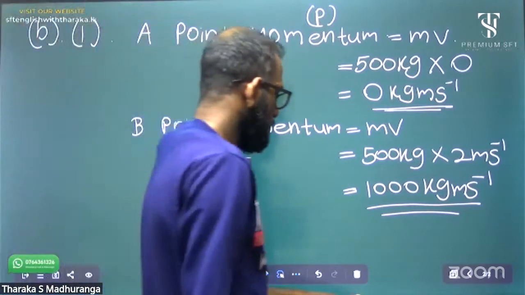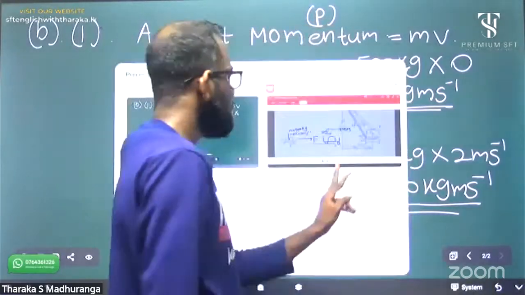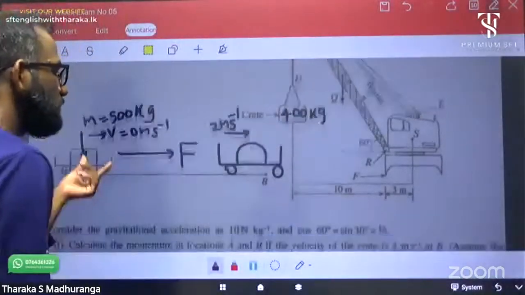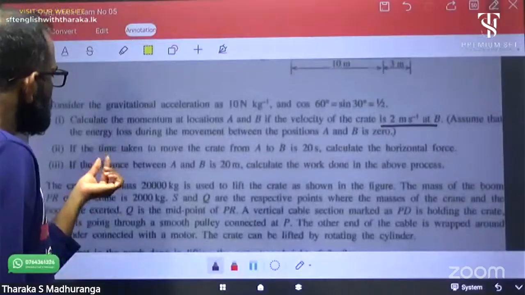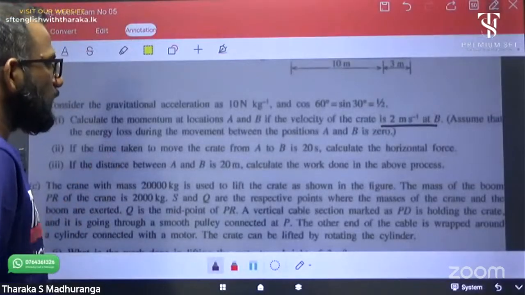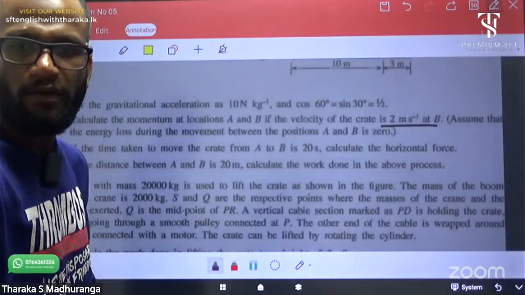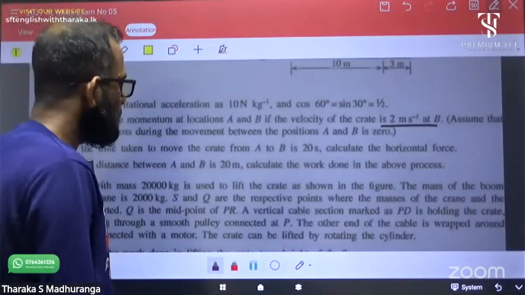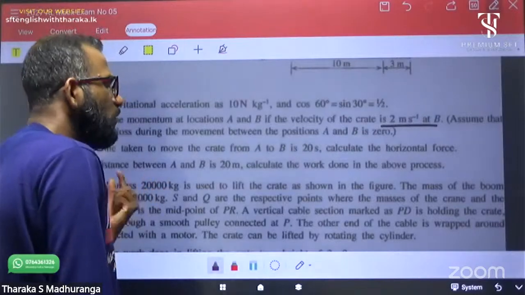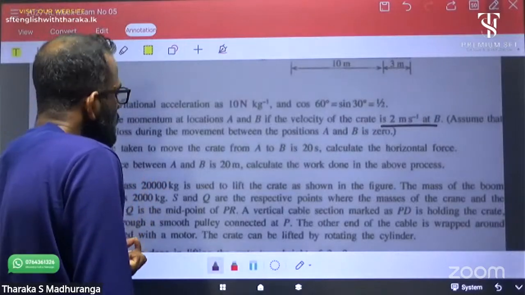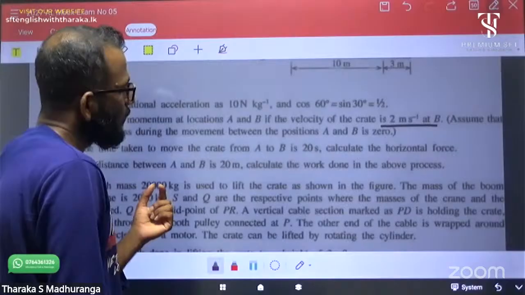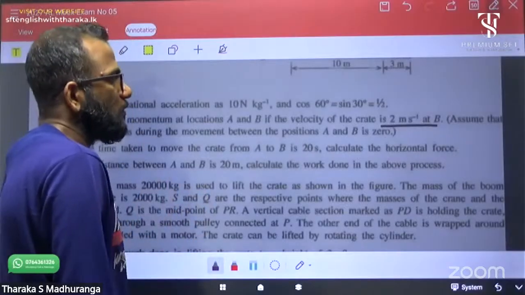Okay, let's move into the second part. If the time taken to move the crate from A to B is 20 seconds, now it is very simple. It's just like all our questions.